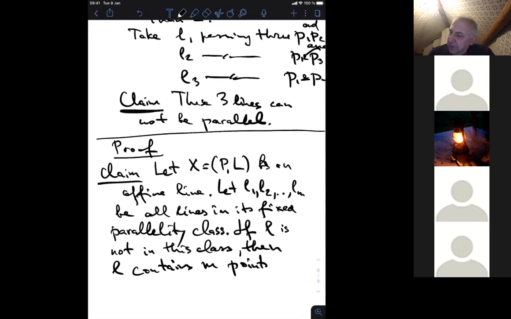So if there are m lines in a given parallelity class and L is some other line not there, then it should necessarily contain m points. How do we show that?